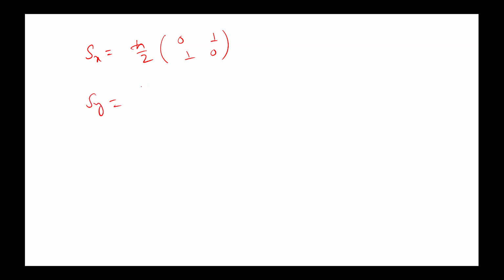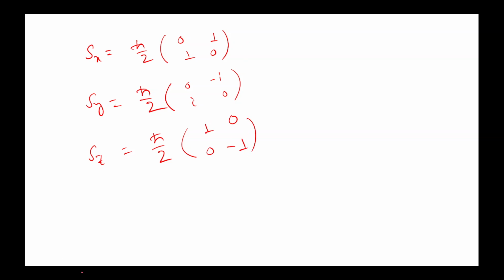In that basis, what was actually our goal? ħ/2 times [0 -i; i 0], and Sz, that was diagonal [1 0; 0 -1]. Okay, so these are actually your Pauli matrices. This is sigma x, this is sigma y, this is sigma z.